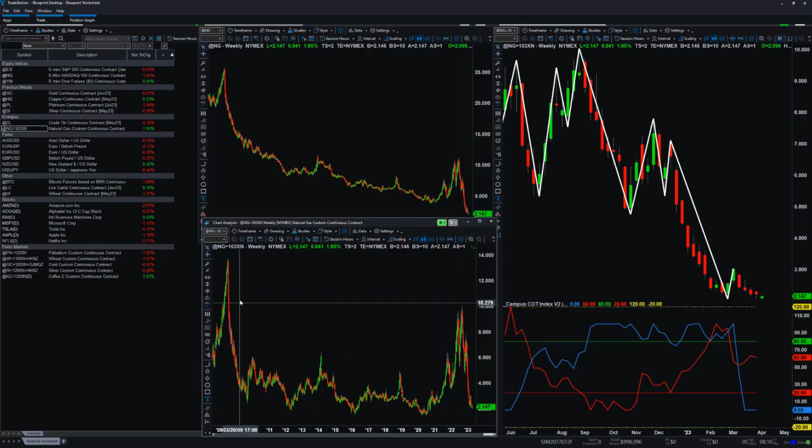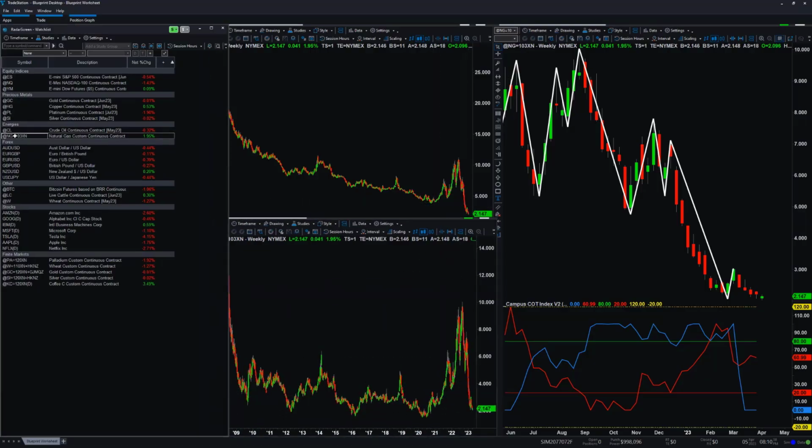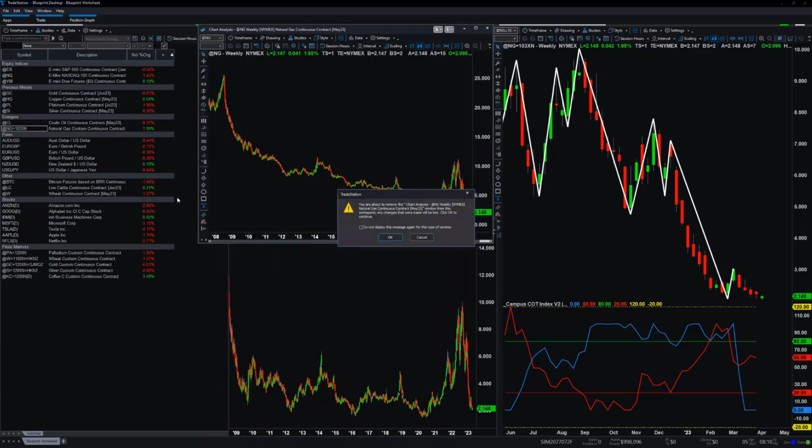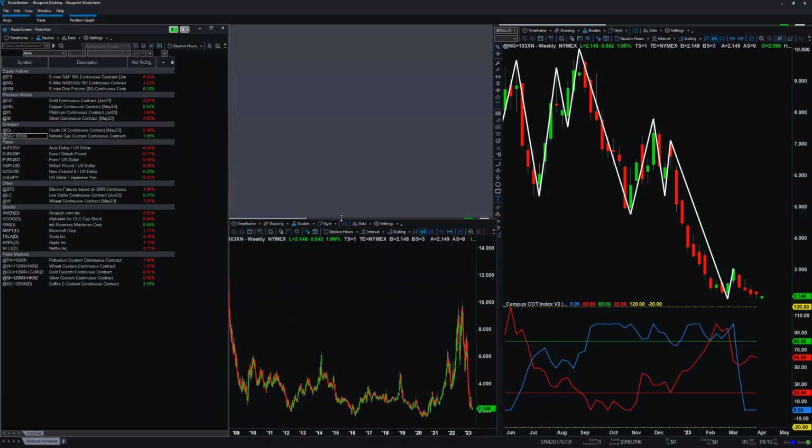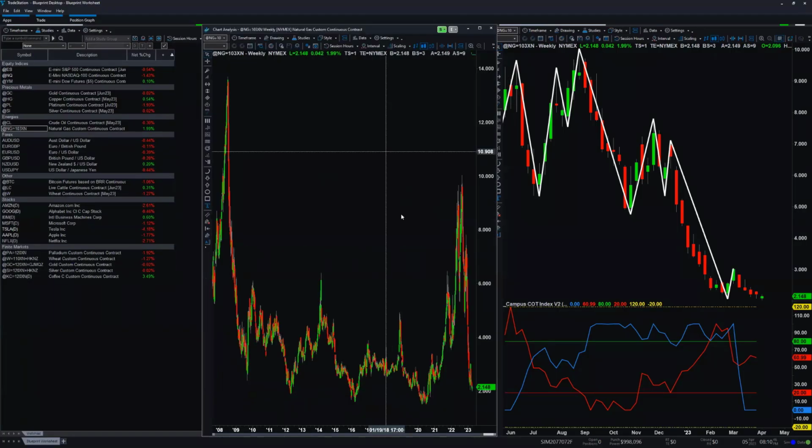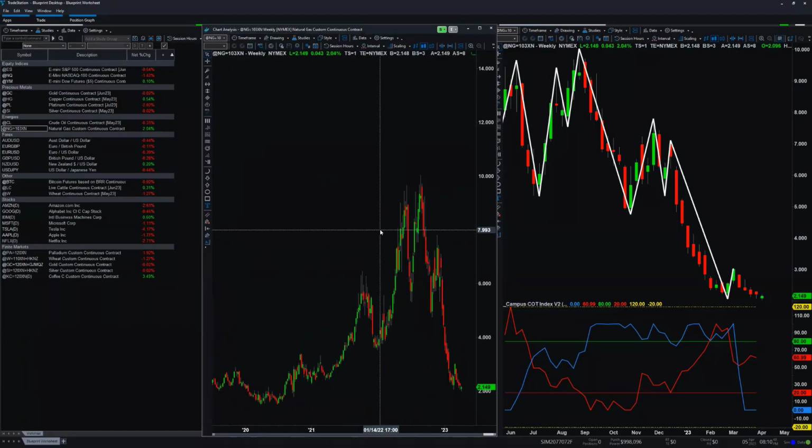So these kinds of custom symbols don't matter on all charts and on all markets, but for some markets, they really do matter. Now, natural gas is just one of those markets where this would matter. And so I just wanted to show you how this would look.